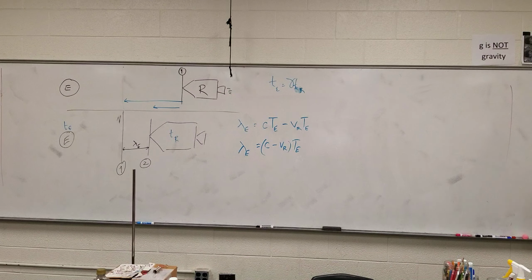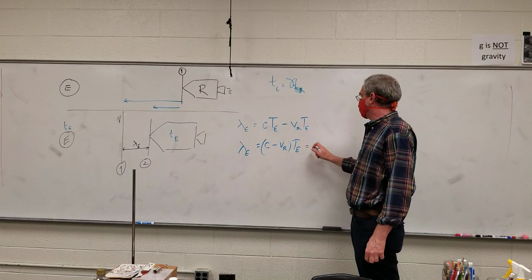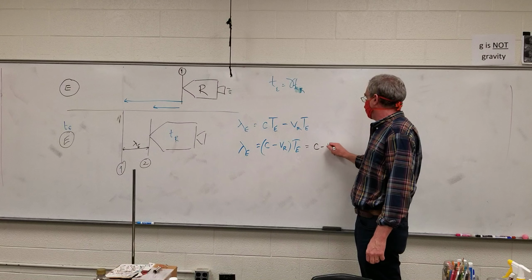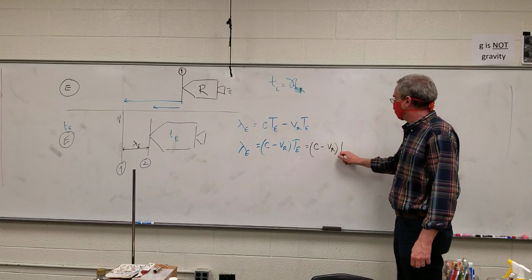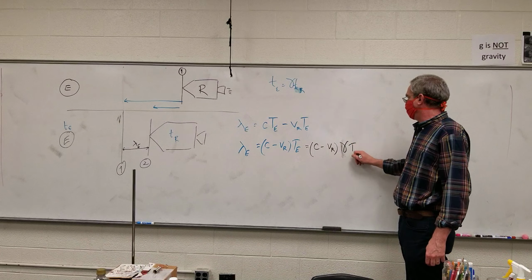Time dilation, this would be, in essence, the first formula we derived. So I'm going to make that little substitution there: c minus v_R times gamma times the period on the rocket, from the rocket's point of view.